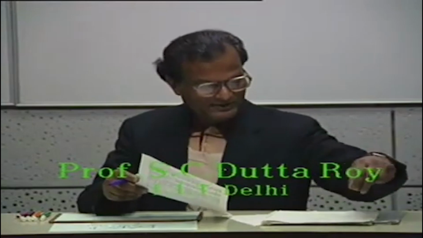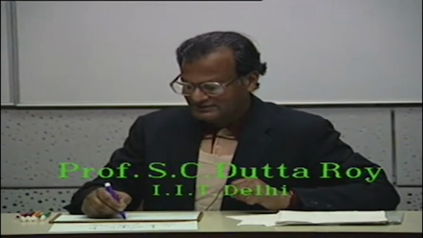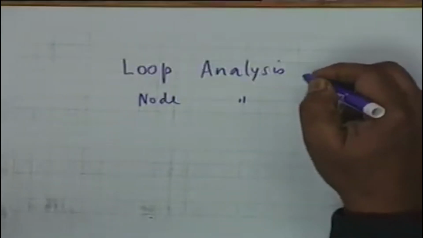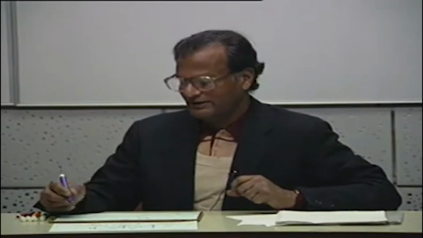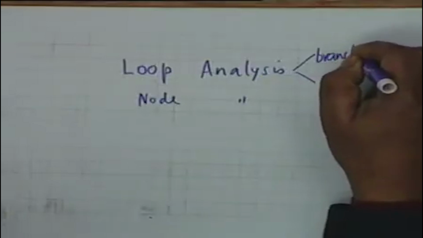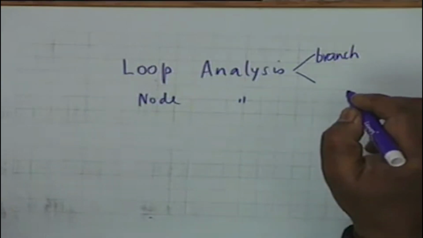We have therefore learned of three different methods, actually two methods for solving networks. One is the loop analysis and the other is the node analysis. In loop analysis, we encountered situations where a loop equation cannot be written if there is a current generator in the loop, and therefore in those situations we formulated branch currents.